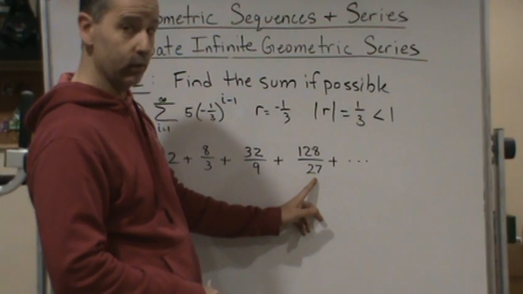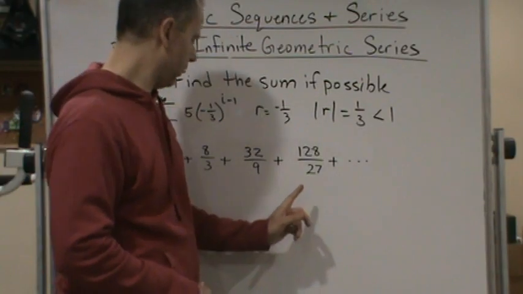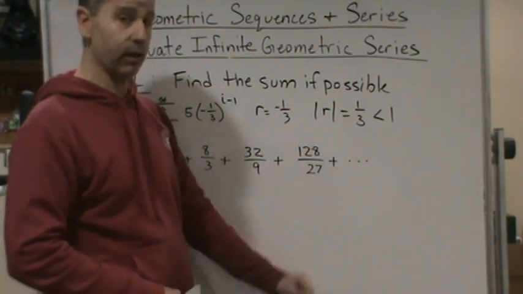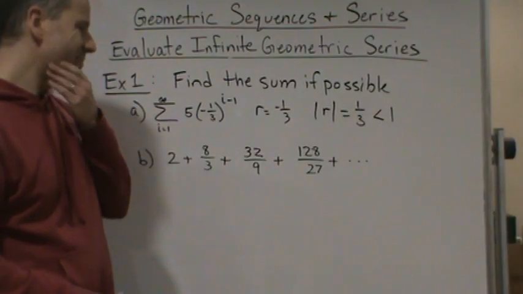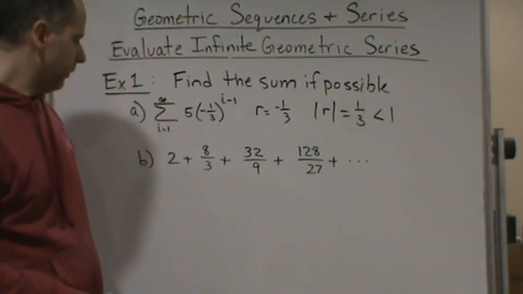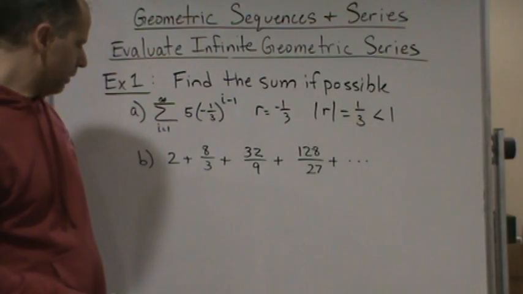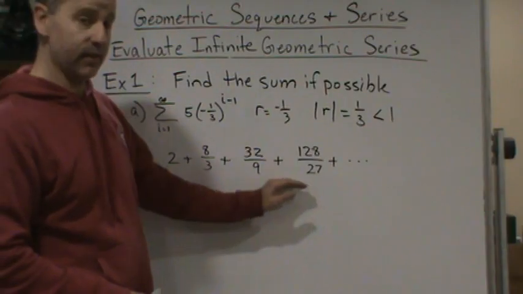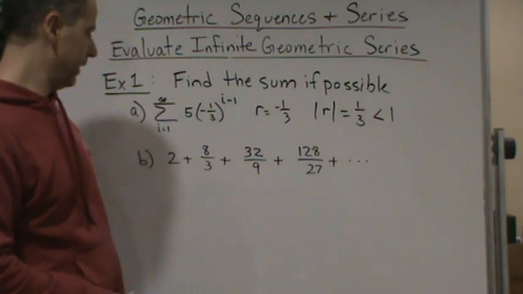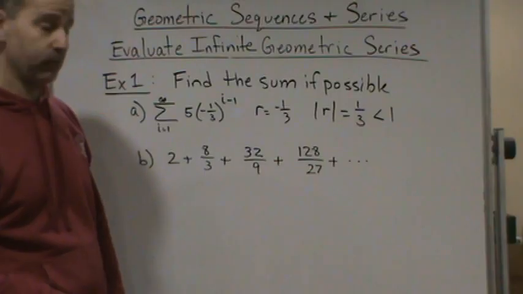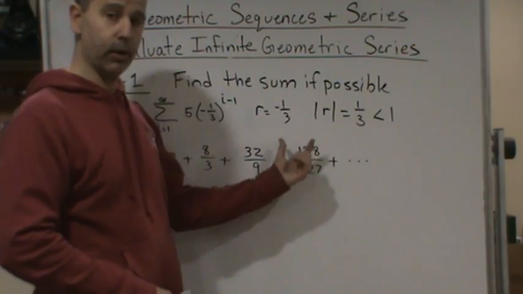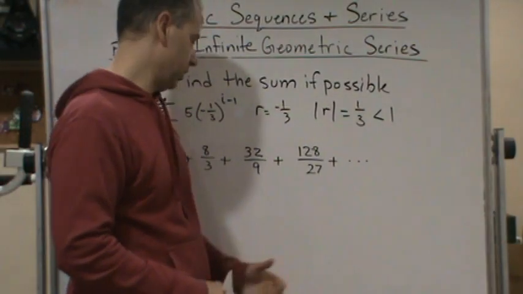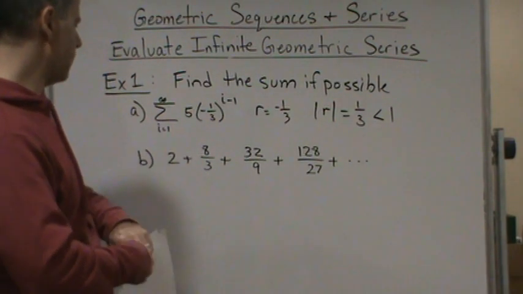So it looks like each term is getting bigger. So it seems that this infinite series is going off to infinity, because we're just adding a bigger number and it's just getting bigger, it looks like. But let's look at the common ratio.